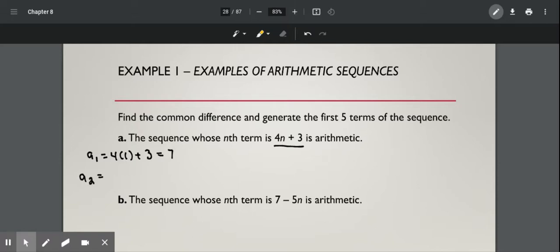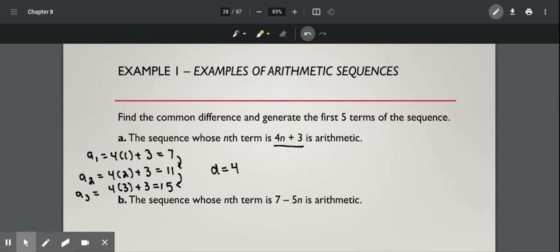The next term would be 4 times 2 plus 3, which would give you 11. The third term, 4 times 3 plus 3, is 12 plus 3, which is 15. So what you find is that every time we're adding 4, so our difference would be 4.